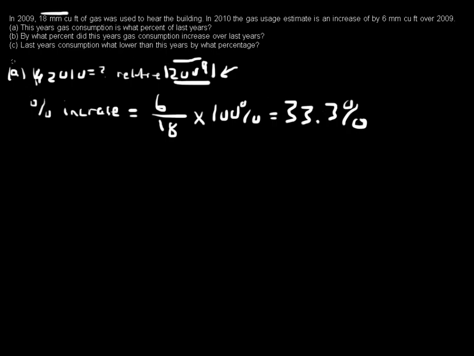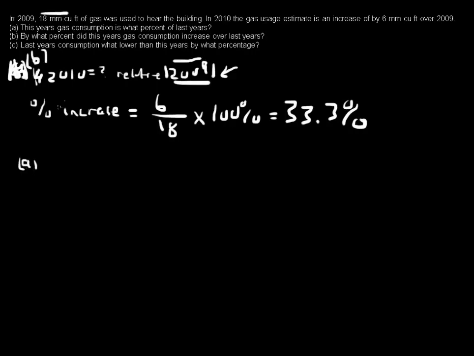So essentially we just solve B instead of A. By what percent did this year's gas consumption increase over last year's? So increase by this much over last year, so relative to last year. If it was relative to this year, we would have 6 over whatever we're using this year.